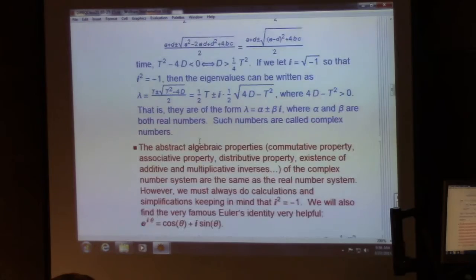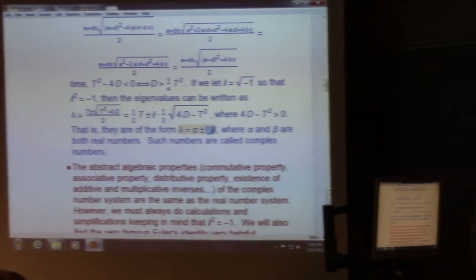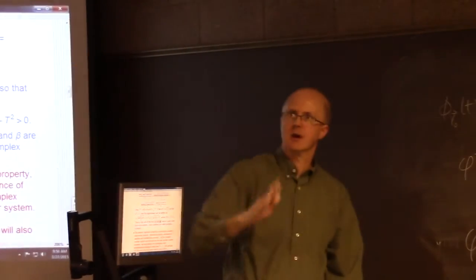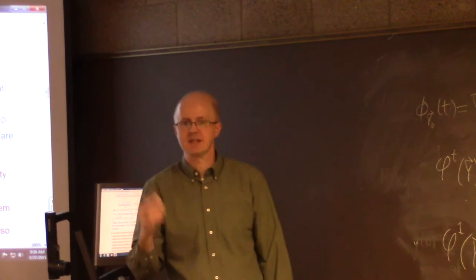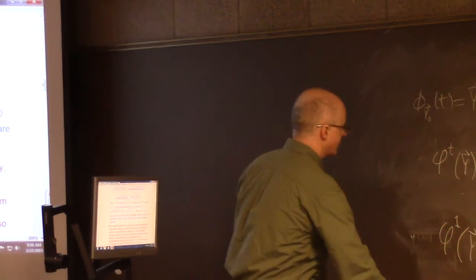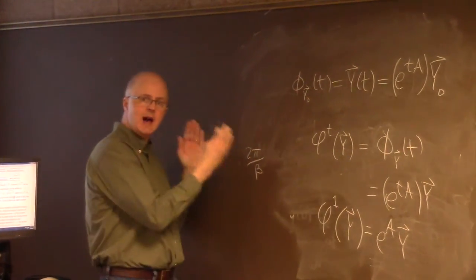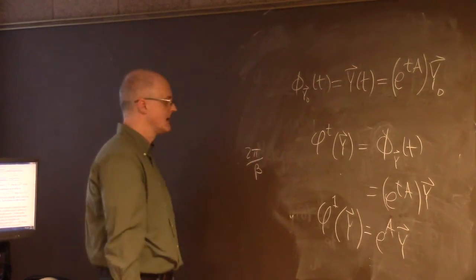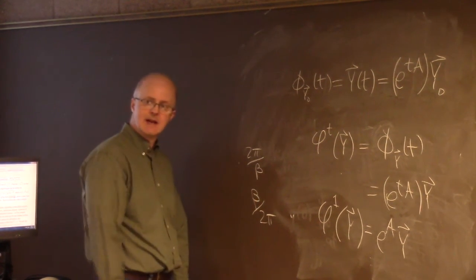What about the beta? Well, how does that affect things? Well, technically speaking, if alpha is non-zero, the solutions are not technically periodic. They are sort of periodic. They oscillate with either a smaller and smaller amplitude or a larger and larger amplitude as you go. The beta, the imaginary part, affects the frequency of that. 2 pi over beta is the period, how much time between the peaks. And its reciprocal, beta over 2 pi, is the frequency.